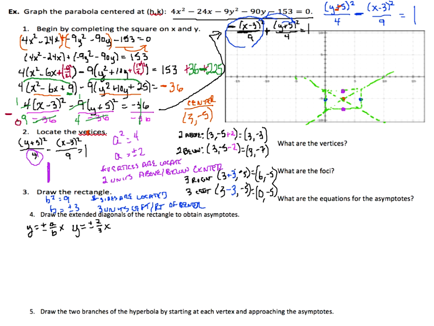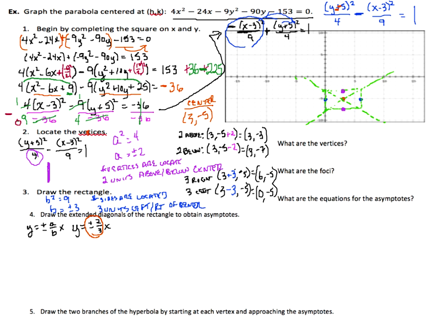That just gives me the slope of those lines. I'm not centered at the origin, so that is not the full equation of the asymptote.